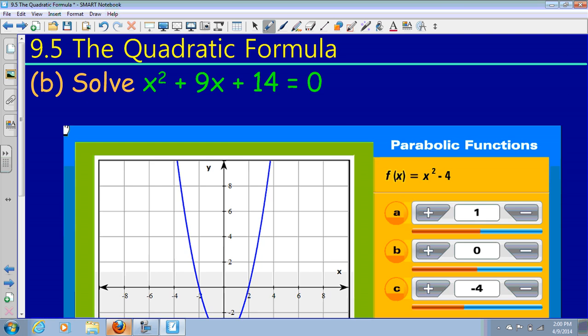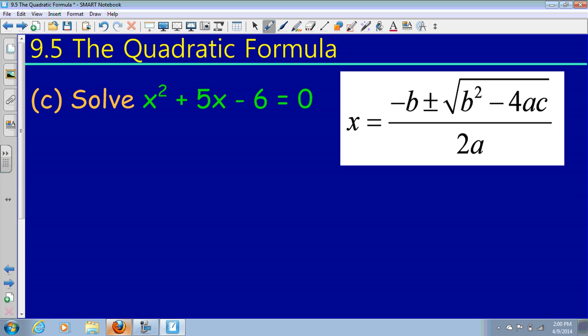I'll do one more with you. x squared plus 5x minus 6 equals 0. Here we go. Opposite of b, negative 5, plus or minus b squared, 5 squared, minus 4 times a times c. Caution here for c.